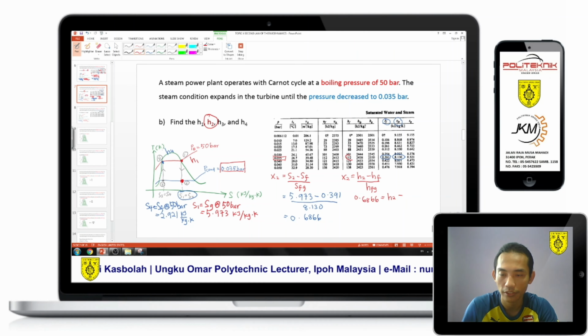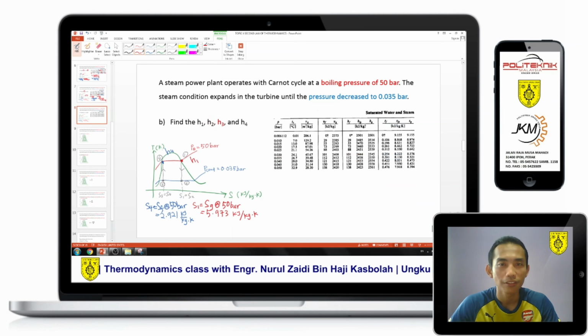Hf is 112, divided by Hfg, which is 2438. So you will find H2 equals 1785.9308 kilojoule per kg.